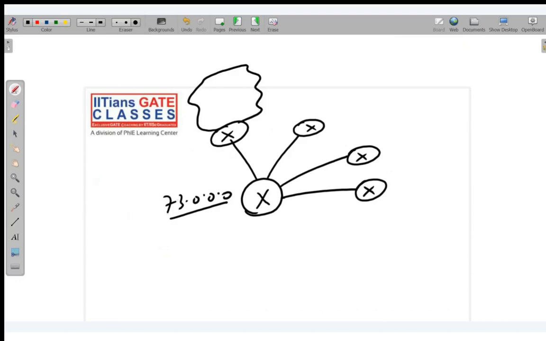So the starting and last address will be what? 73. I think there is a space issue, so let me write it like this: 73.0.0.0 to 73.0.0.63.